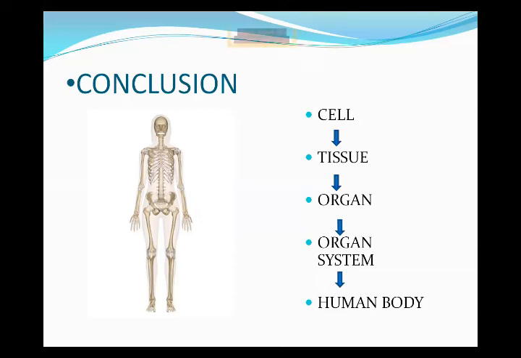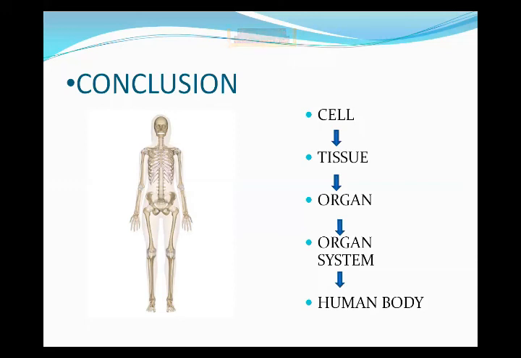When cells which perform a similar job come together, that is called a tissue. Tissue is very important, and a group of tissues which perform a similar function is called an organ. Different types of organs make an organ system.